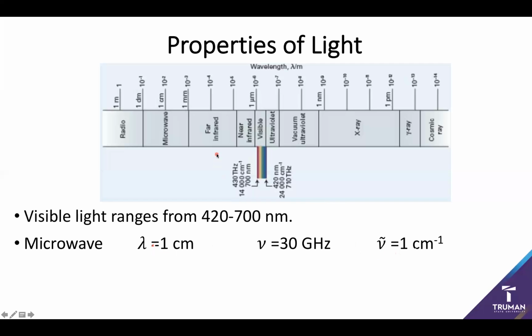Next up is infrared radiation, which most of you are familiar with from organic chemistry. This is where a lot of our bond vibrations occur. If you're looking at, say, infrared spectroscopy, a very typical wavelength is 5 micrometers. You can convert this into frequency, which gives us a frequency of about 60 terahertz. So yep, we're into high frequency light. That would be 60 times 10 to the 12th hertz.